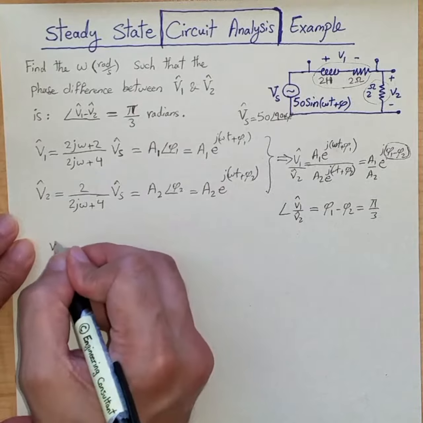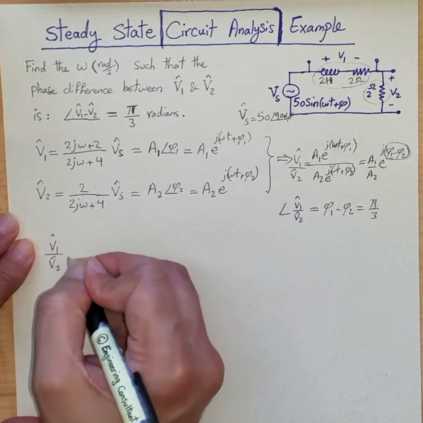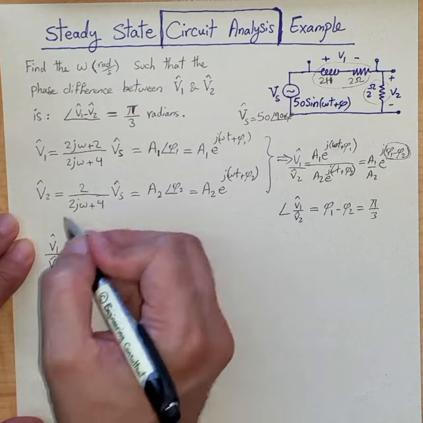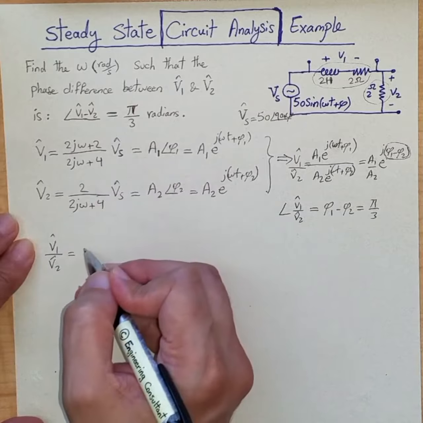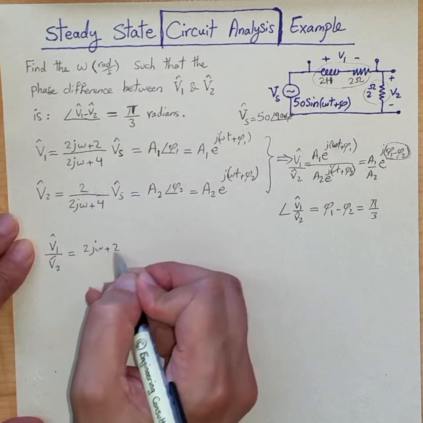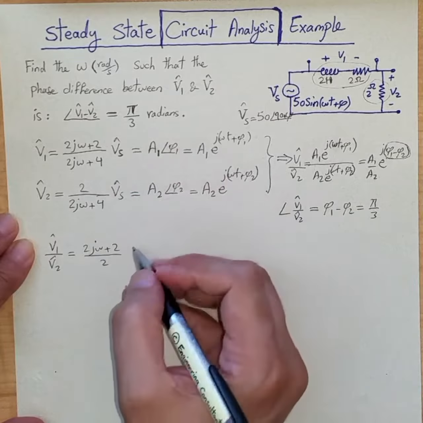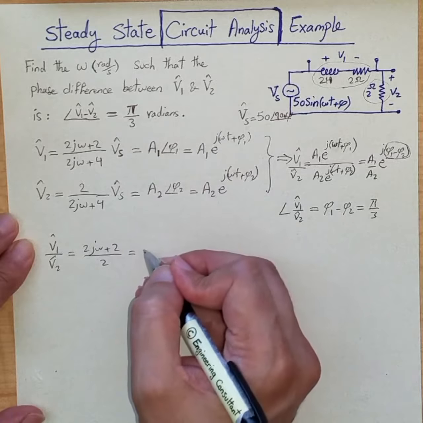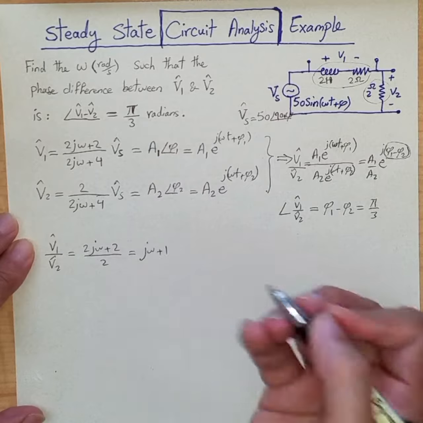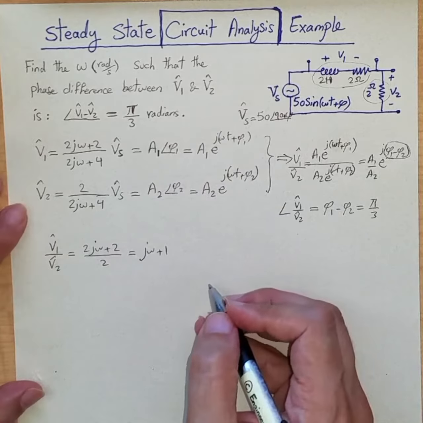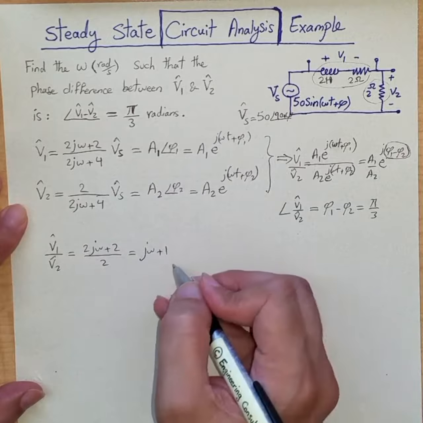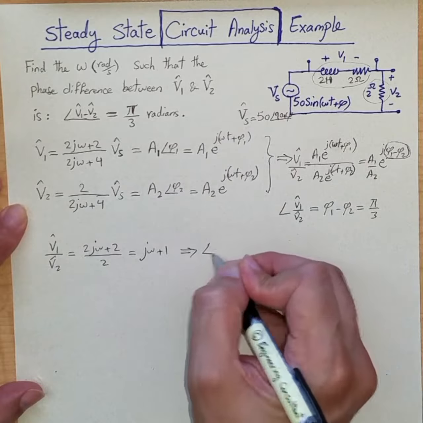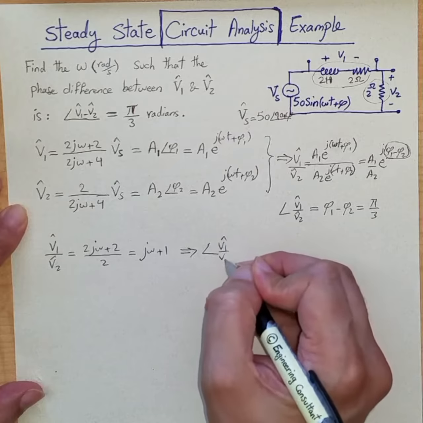So I'm just going to divide these two. Dividing V1 by V2, the denominator goes away, so we have 2j omega plus 2 divided by 2, Vs cancels out with Vs, so it becomes just j omega plus 1. Alright, I just need to find the phase of this.